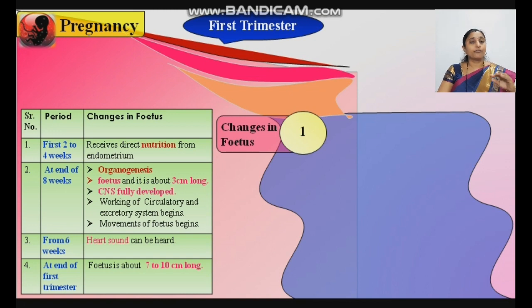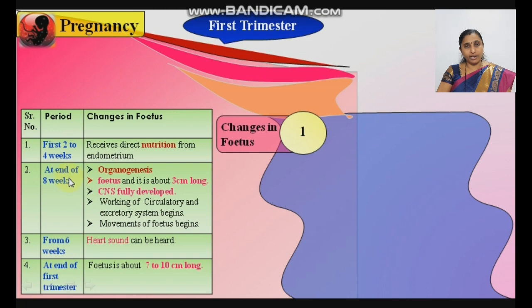From 2 to 8 weeks it is an embryo, and from 8 weeks until birth the baby is known as a fetus. After birth the word is baby or infant. The embryo receives direct nutrition from the endometrium, the inner wall of the uterus.